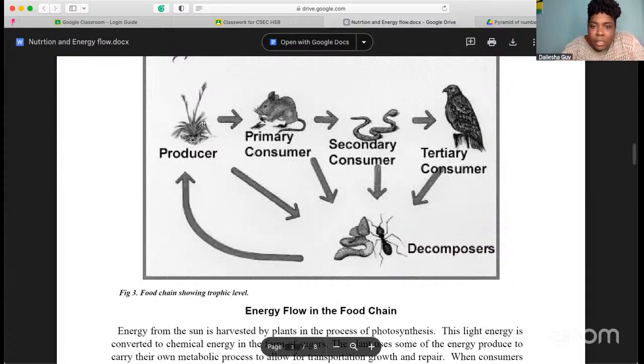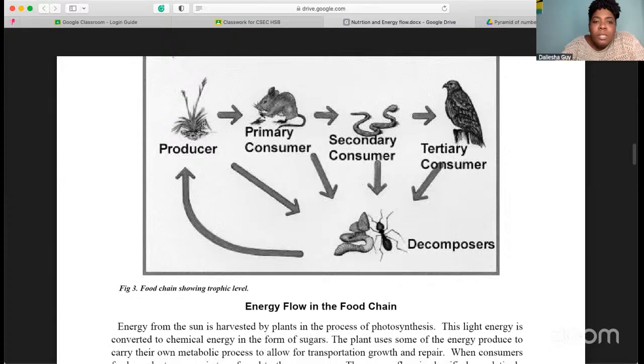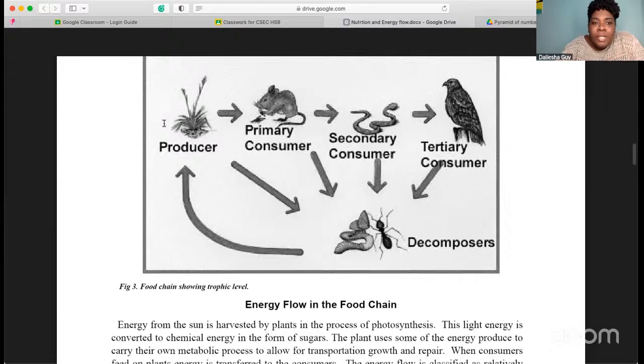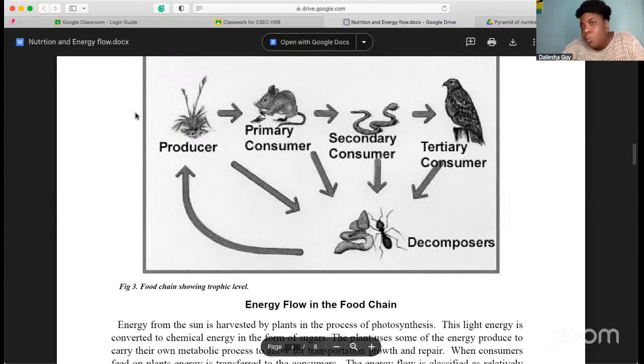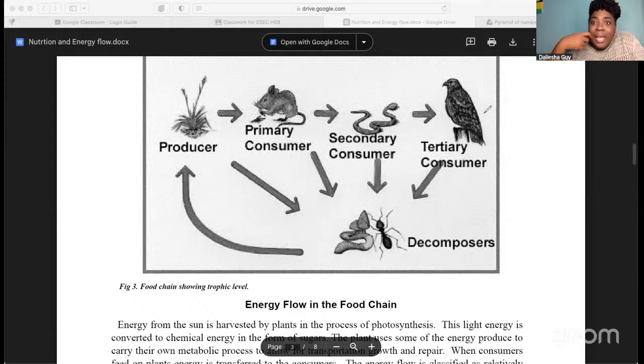Now, energy is flowing from the grass onward, from the producer to the consumers. They could ask you a question in the exam: which trophic level has the most energy? The grass, because it starts there, and then it goes on to the consumers.